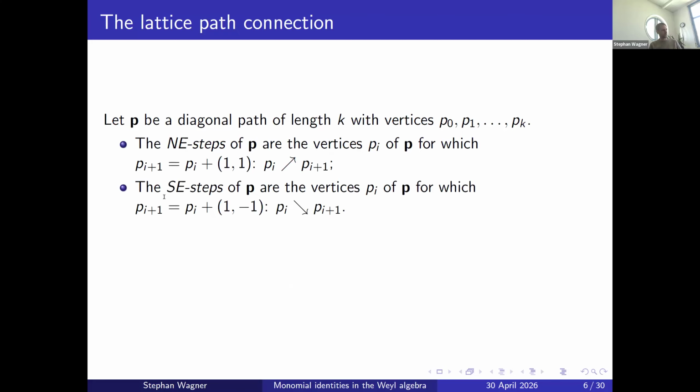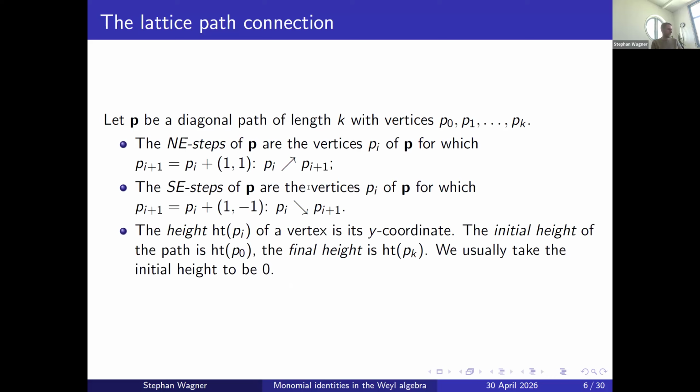The southeast steps are the vertices where it goes down after that. And finally, I have this notion of height. The height is simply the y-coordinate. The initial height of the path is the y-coordinate of the point at the beginning, and the final height is the height of the point at the end. We usually take the initial height to be 0, and the final height will depend on what exactly the path is.